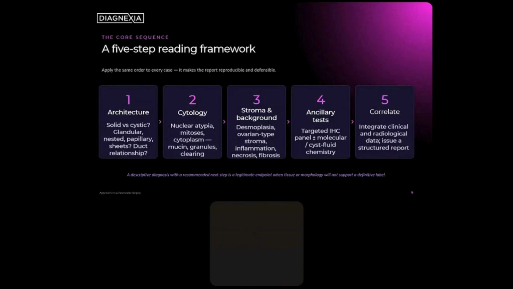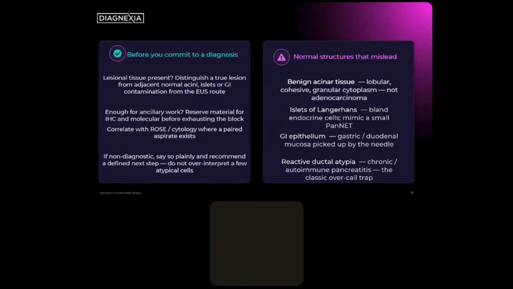And then having done those 4 steps, you then can sit down, having reviewed everything, including the clinical information, integrated, correlated, and issue a structured report. So it is important to have a logical sequence of integration when you formulate a report for the pancreas.